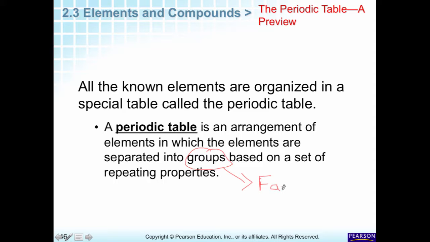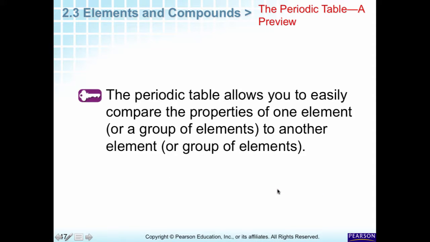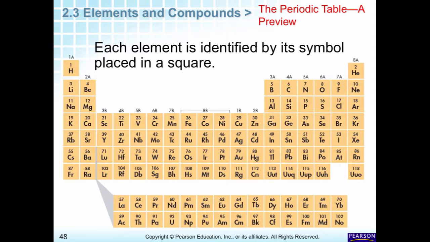And we call them families because they have similarities, because these properties repeat throughout the family. So the periodic table allows you to compare different properties of different groups because the chemistry of the elements in each group will be similar to those in the same group.